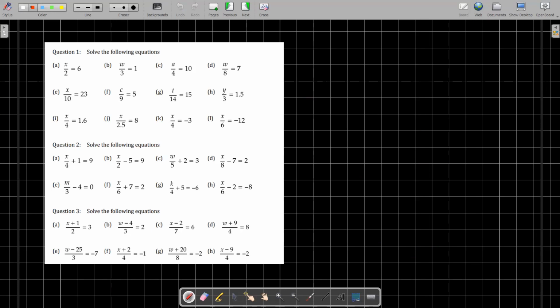I will want us to do question 2a that says x over 4 plus 1 is equal to 9. Now at this point, I will simply collect like terms before I cross multiply. And you know why?